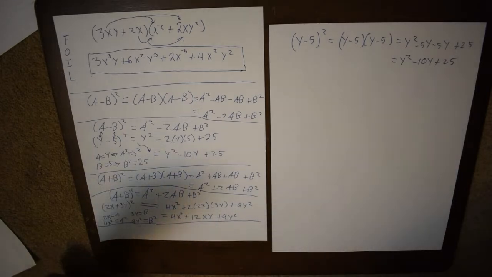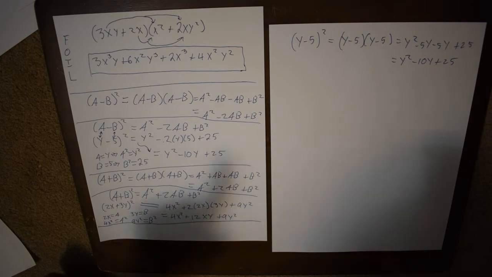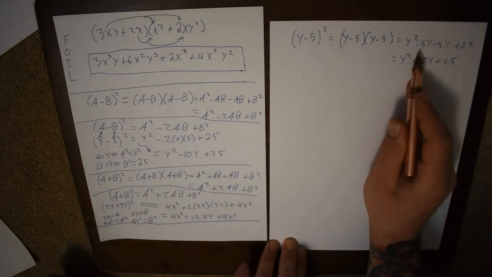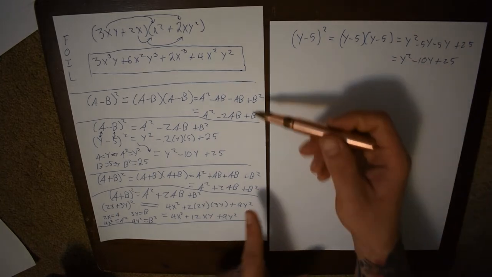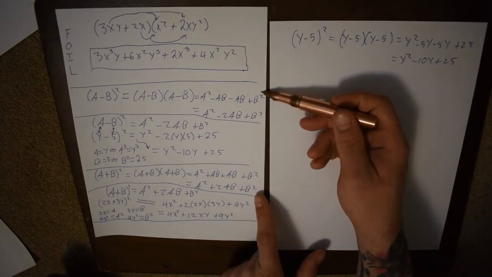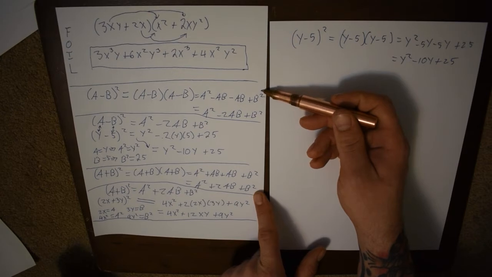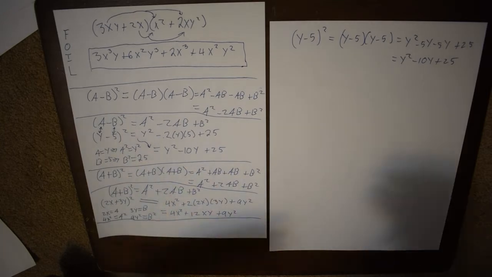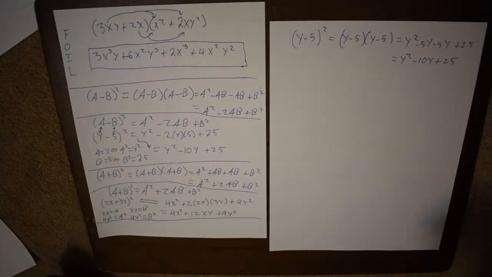And that'll help you in the next lecture, and it'll also help you in the test we'll eventually take over this sort of material. So even though this method might be easier, I would encourage you to try this method at least once or twice. You don't have to do your entire assignment with this method, but try this once or twice to get an idea how different binomials behave when you multiply them together.